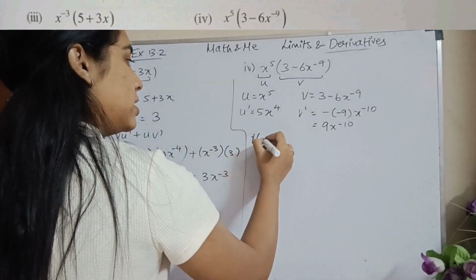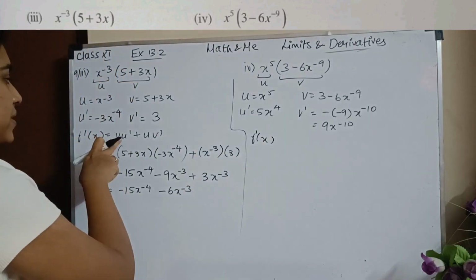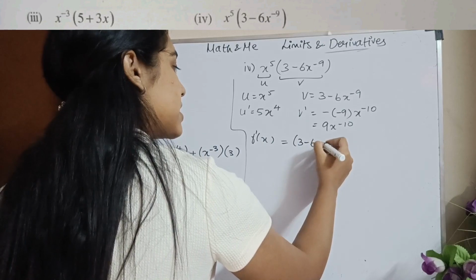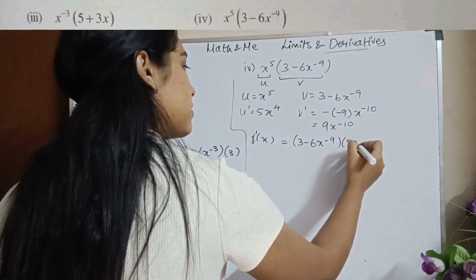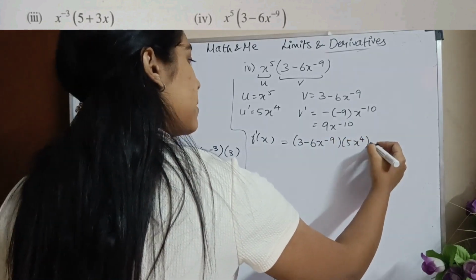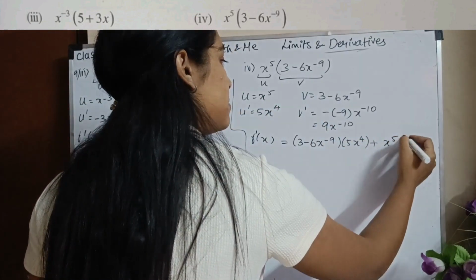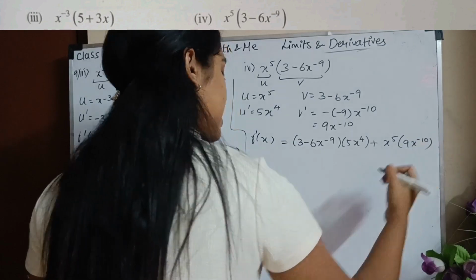So the formula: f dash of x is v u dash plus u v dash. So v u dash is 3 minus 6x to the minus 9 times 5x to the 4, plus u v dash, which is x to the 5 times 9x to the minus 10.